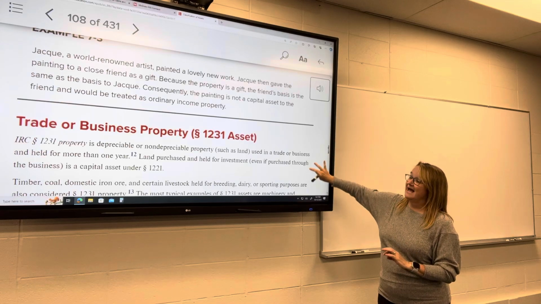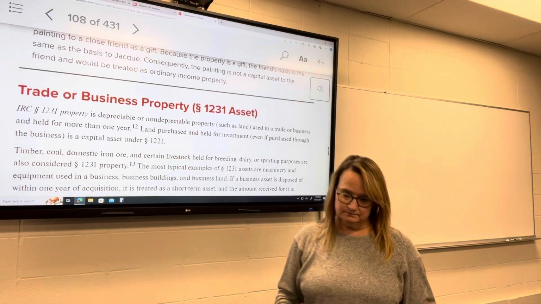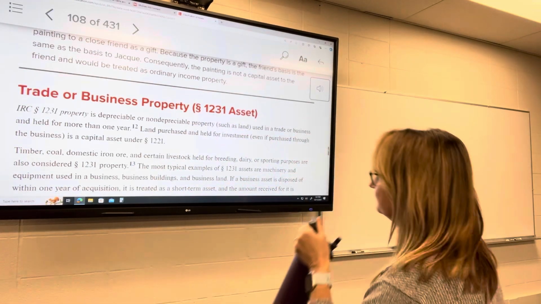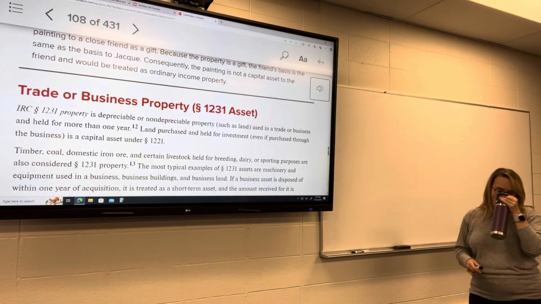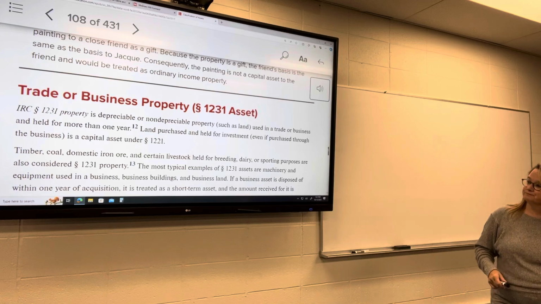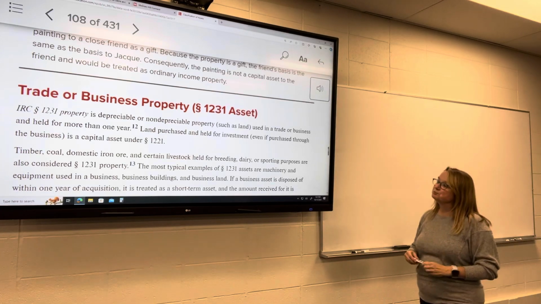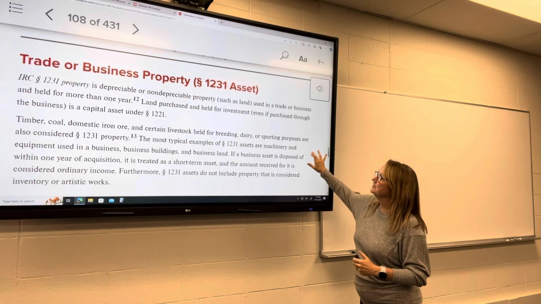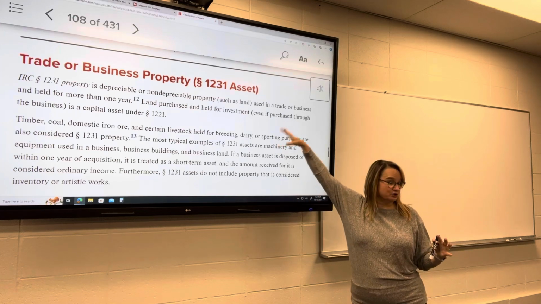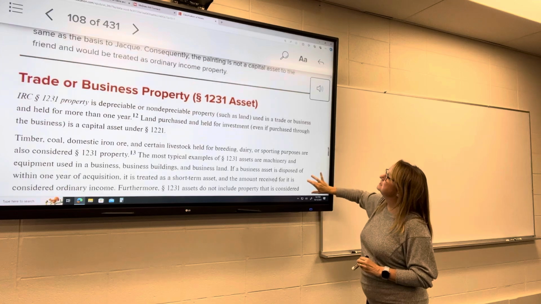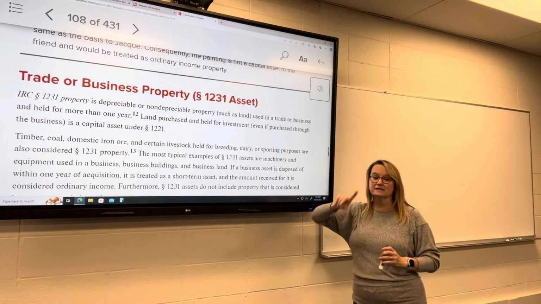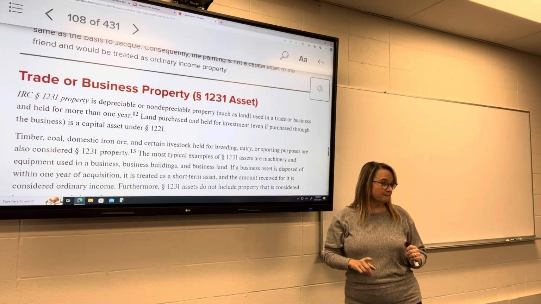All right, so that's capital assets. Now, trade or business property, 1231 assets. This is depreciable or non-depreciable property, land. So remember in that chart, it said depreciable and then it said land. Used in a trade or business and held for more than 1 year.